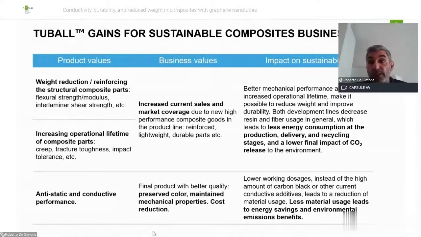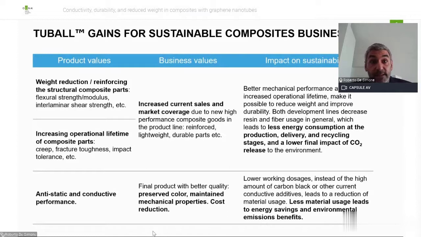Obviously, from the business point of view, this is a big impact, because it's quite easy to understand the benefit. But on the other side, if we improve mechanical properties and the life cycle, and in a certain way reduce the energy used to produce, reduce the carbon content, because with a low loading level and increased operational lifetime, there is a direct impact on the carbon footprint, which can impact tremendously the CO2 release.